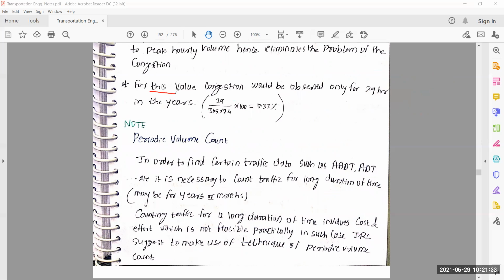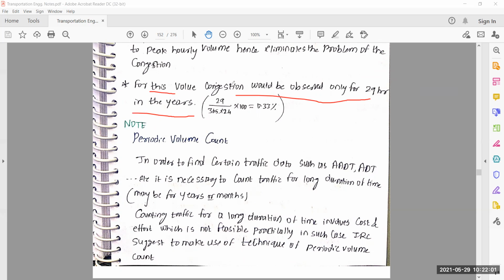For the 30th highest hourly traffic volume, congestion would be observed only for 29 hours in the year. The name itself indicates the 30th highest hourly volume data, which means only for 29 hours in a year will that value be exceeded.